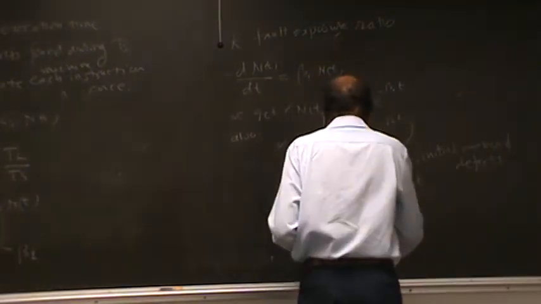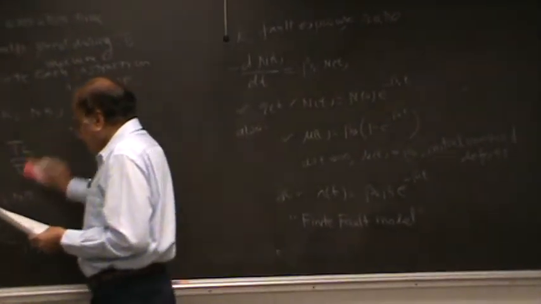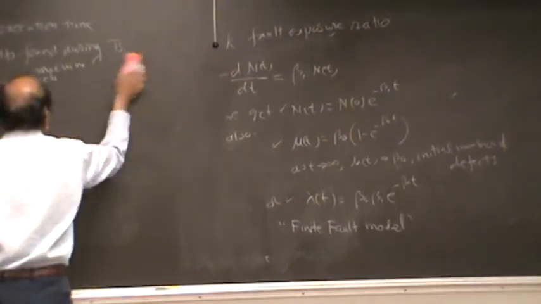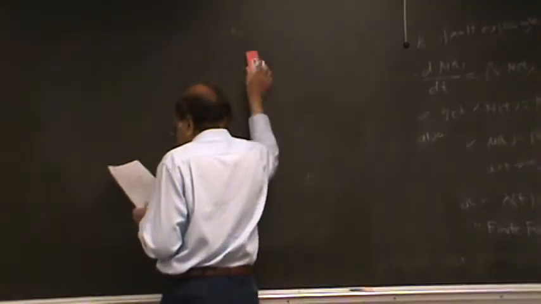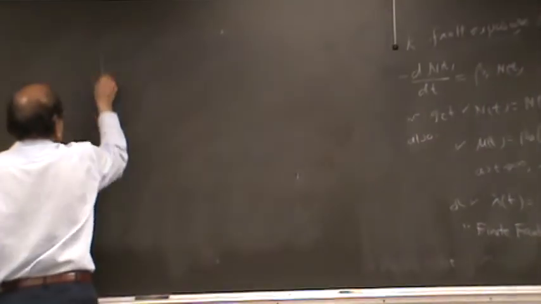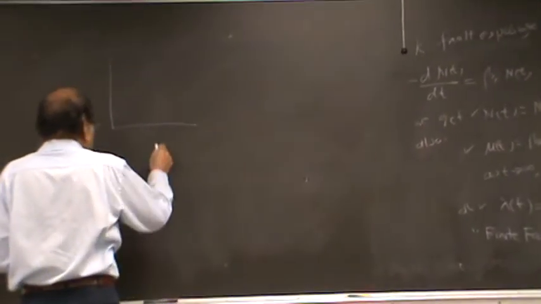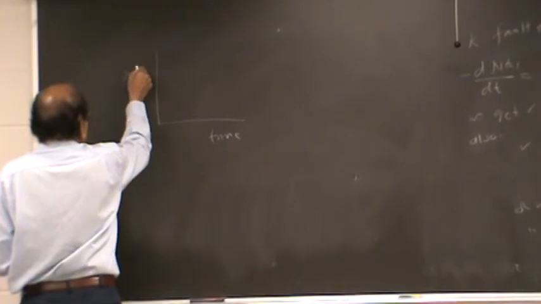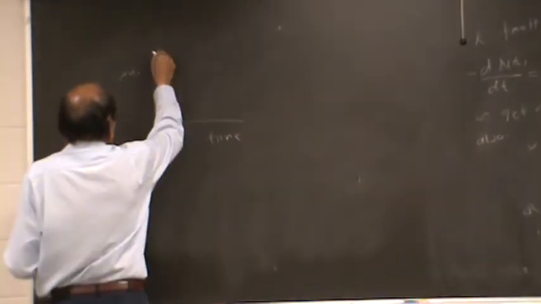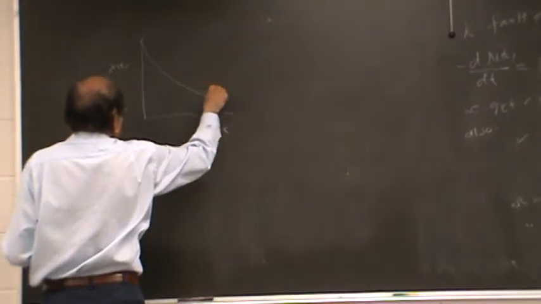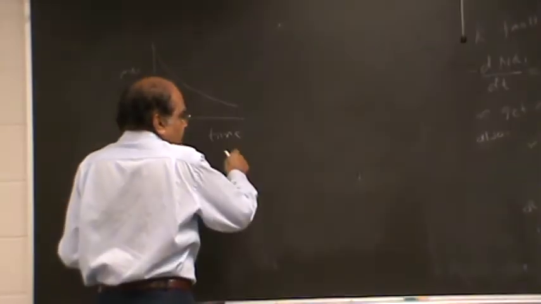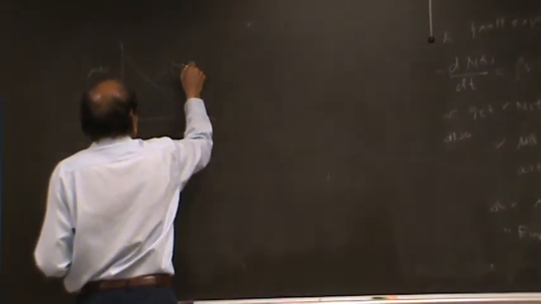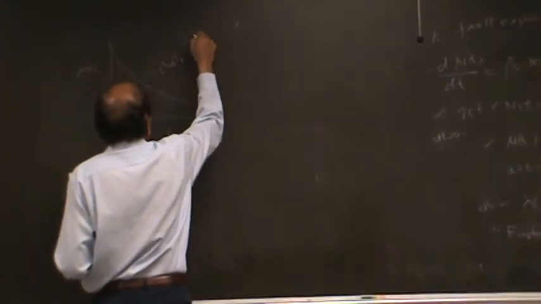So if you make a plot, here is time, and here is the failure intensity, which is lambda of t. According to the model, the failure intensity will decline this way, because this is given by beta 0 beta 1 multiplied by e raised to minus beta 1 t.